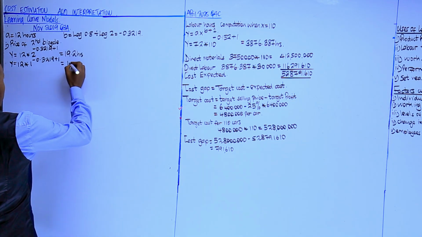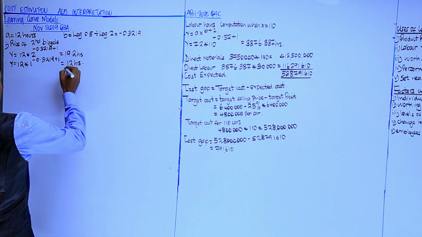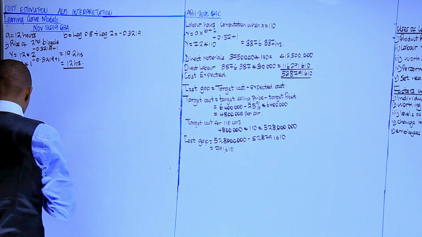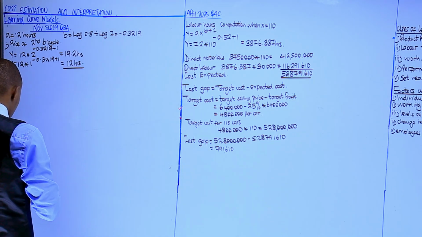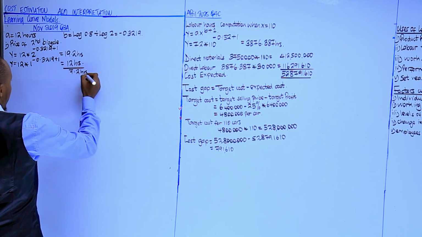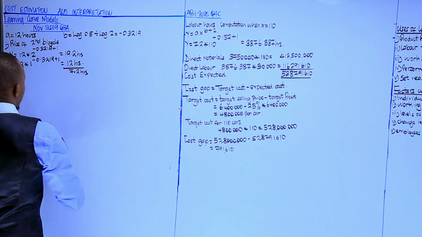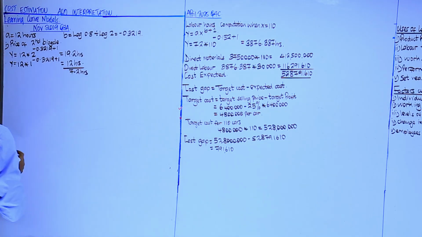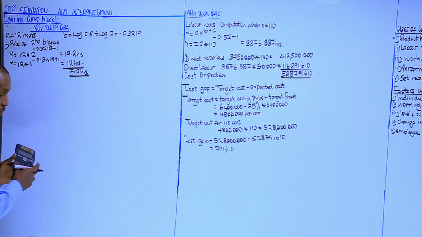It will be 12 hours. So therefore, the second bicycle will take how much? 7.2 hours. 7.2 hours.